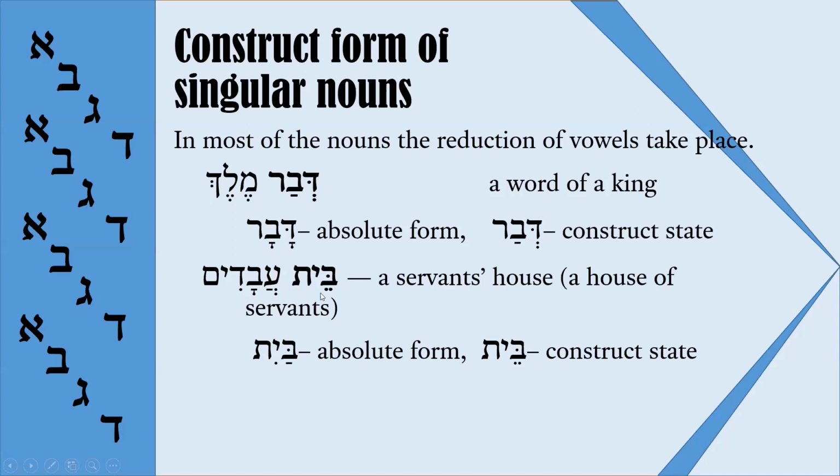How do you say house of David? Bet David. Yes, or house of bread, Bethlehem. Lechem. Bethlehem, the accent is on the first syllable. So you see, it is actually very simple.